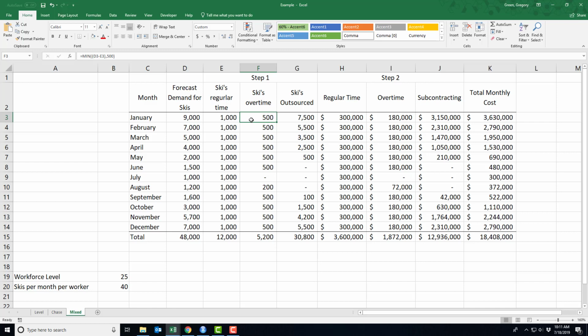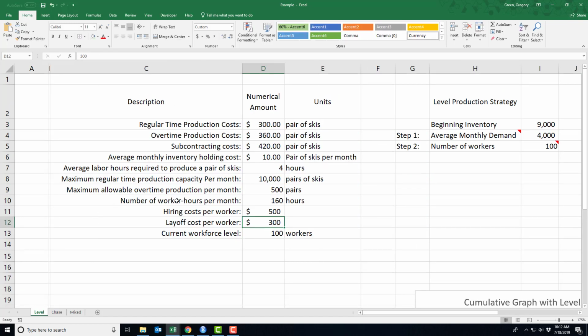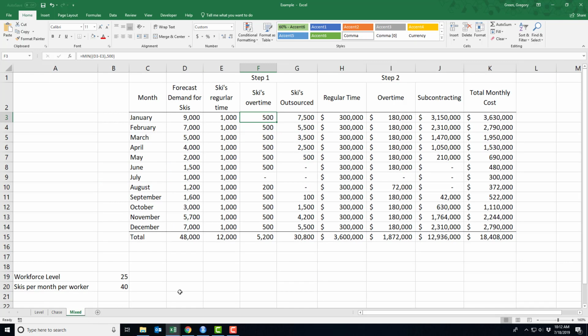Well, some of it I'm going to use overtime. I know from the prior page on levels, back over here, that I can only produce 500 pairs of skis using overtime labor in any given month. That's my maximum. So here's what I'm going to do. Let's say I need 9,000 minus 1,000 pairs of skis.